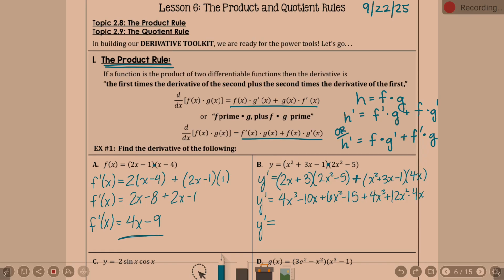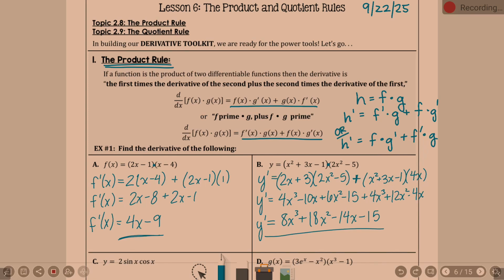Then clean up like terms. See if I agree with my own answer key here. I do. 8x cubed plus 18x squared minus 14x minus 15. Okay, so we're getting some of the basics, right?